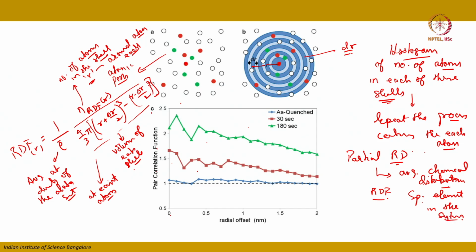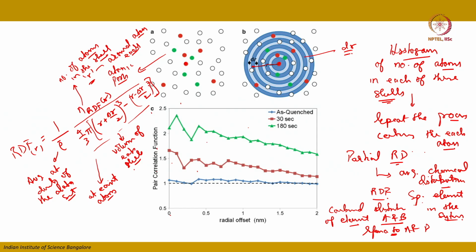Normally with an RDF you are calculating for each atom, but if you are calculating for a specific element, these are called partial RDFs.